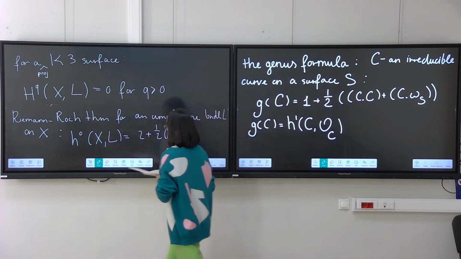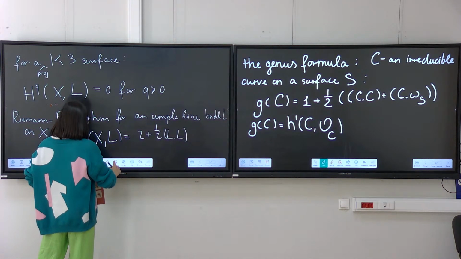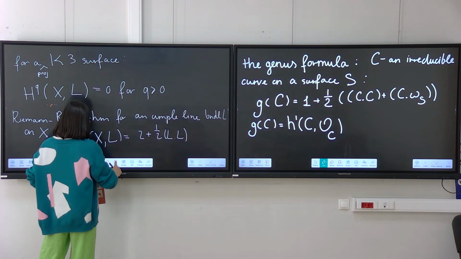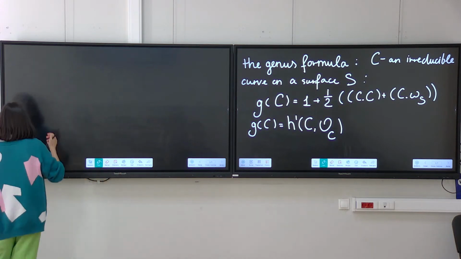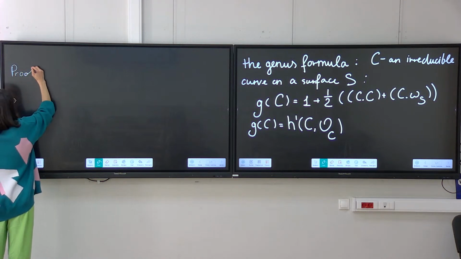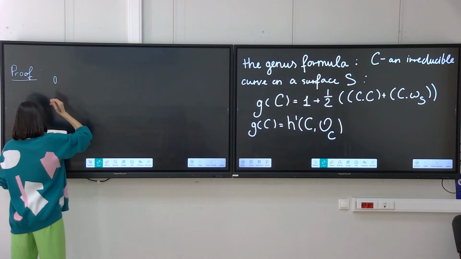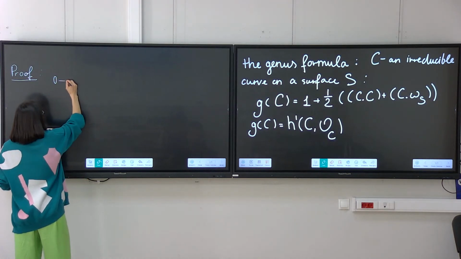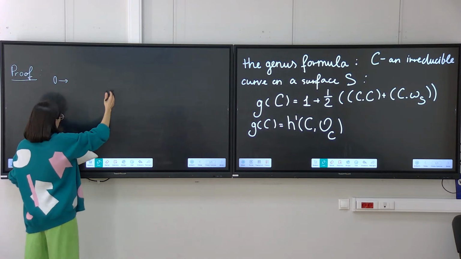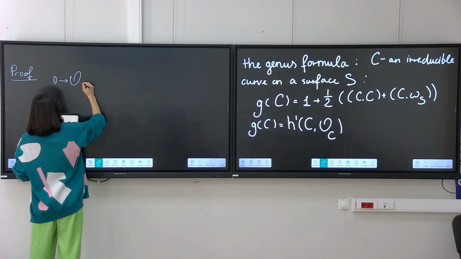Okay, and now how can we prove this? The proof is very elementary, so I decided to do it using Riemann-Roch, and also I would like to show how we can use Riemann-Roch.